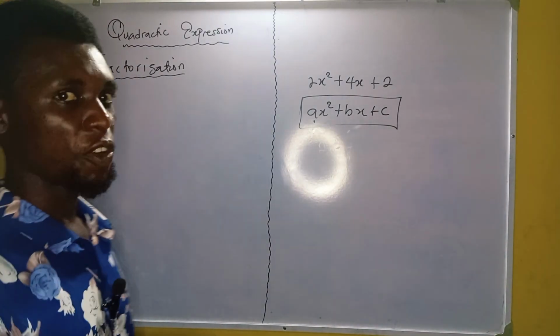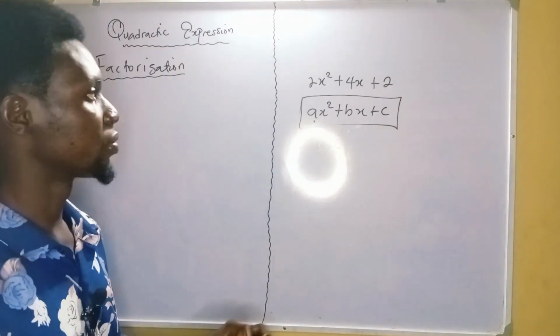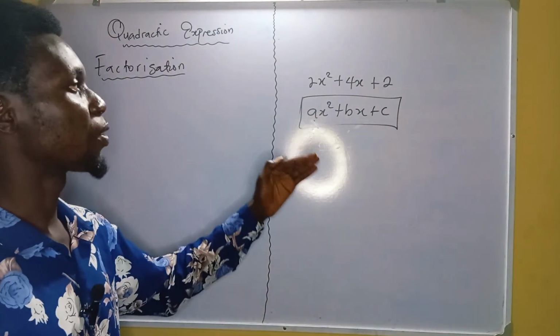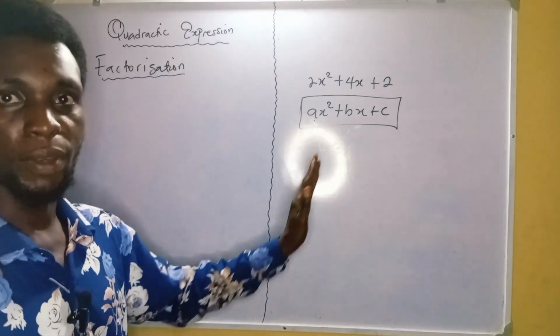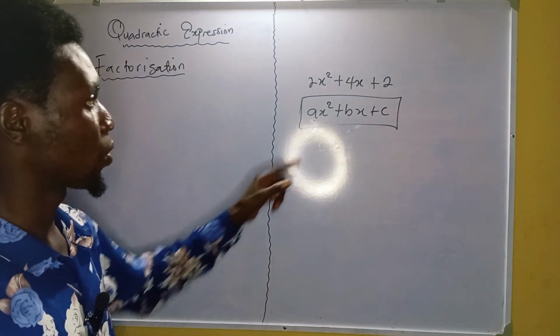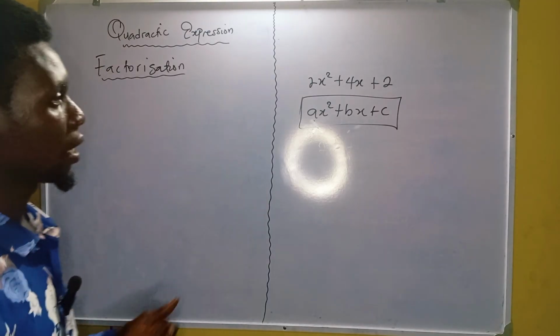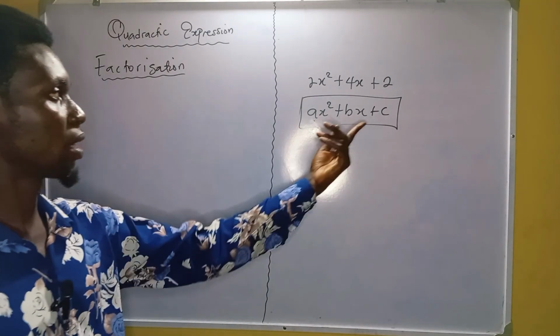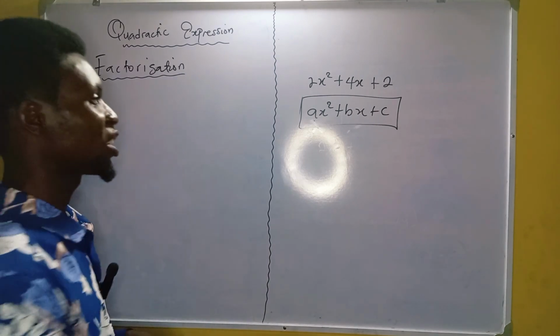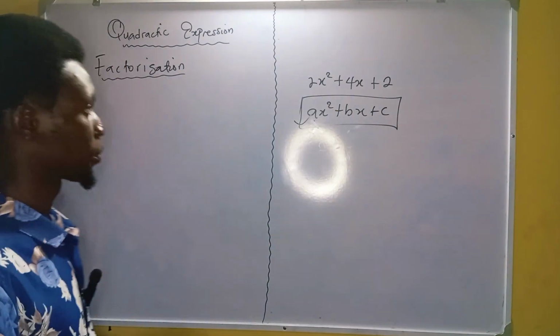But this quadratic expression can come in different forms. Aside from the standard form, it will still take the standard form, but in different forms because of the sign. Okay, so we want to consider it step by step.